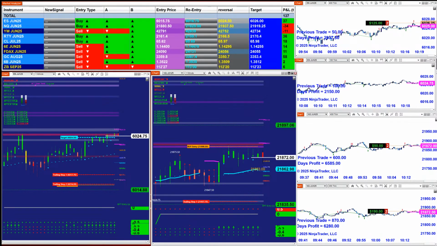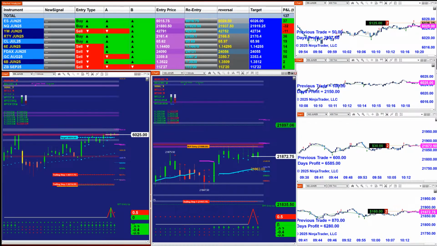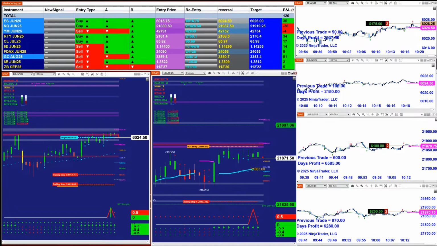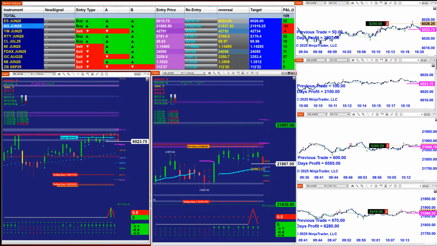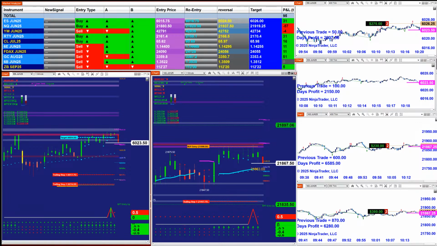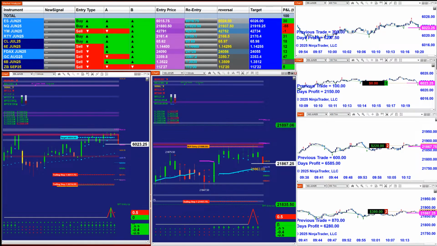Do not start at the opening. And do not use the scalper on the news. If you use the scalper on the news, you're going to get in trouble, because the scalper is a small profit.